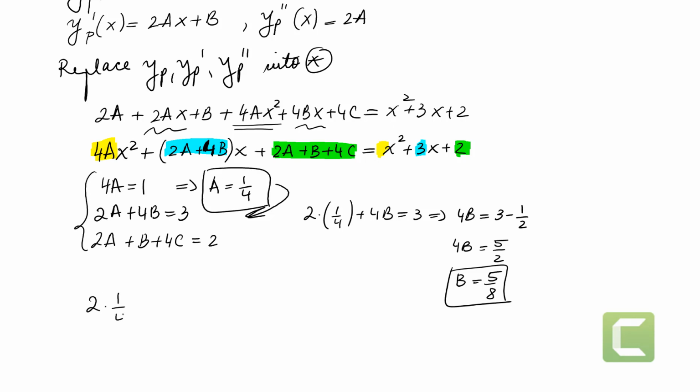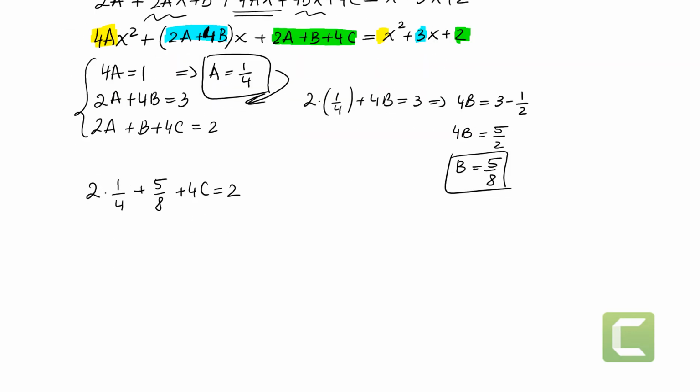Now I'm going to replace both of them into the third one: 2 times 1/4 plus 5/8 plus 4c equals 2. So we get 4c equals 2 minus a half, right? 2 times 1/4 is a half, minus 5/8. So 4c equals, I can multiply this one by 8, this one by 4.